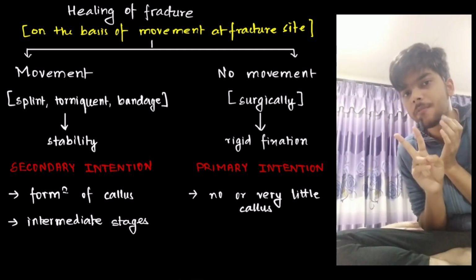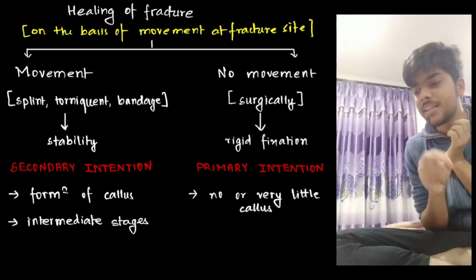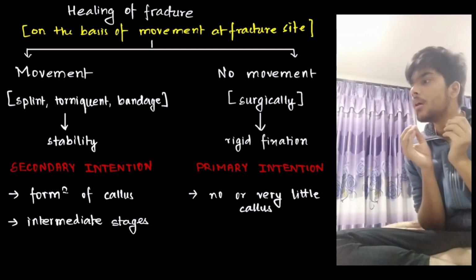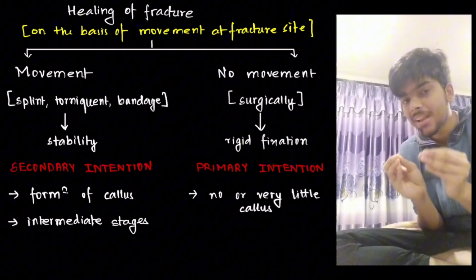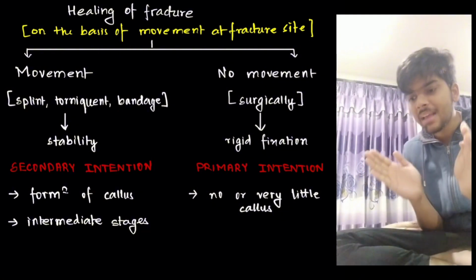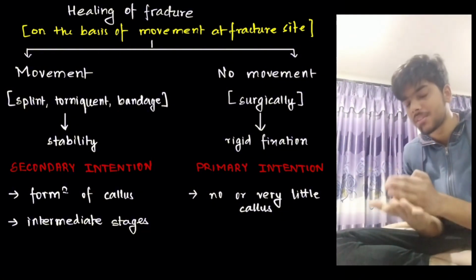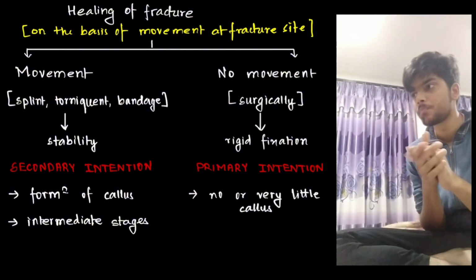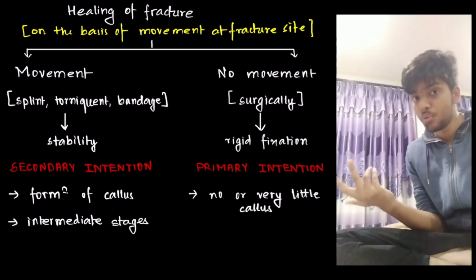There are two ways a fracture can heal, and this depends on the presence or absence of movement at the site of fracture. Let's say there's a long bone, and this long bone has been fractured at a particular site. There can be two conditions.